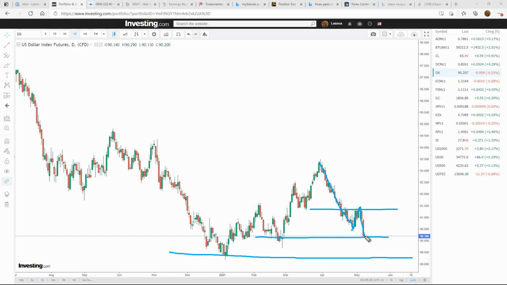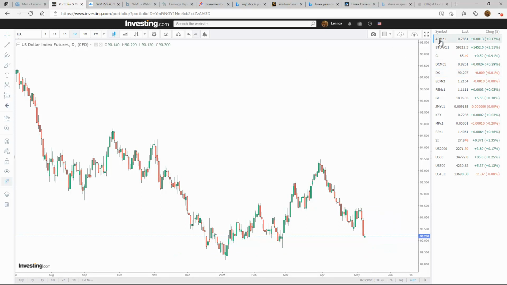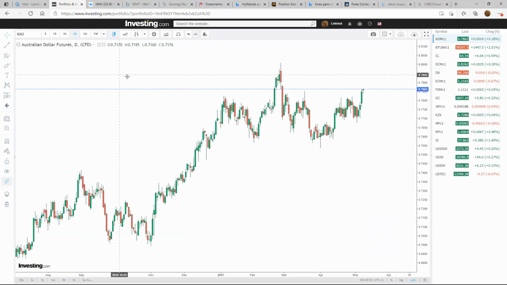So it looks like we're pushing towards the next support area. So downward weakness in the US dollar that will propel us to the upside in major pairs like Aussie. So Aussie, we'd be looking for continued movement to the upside.